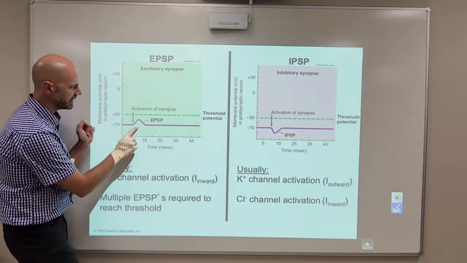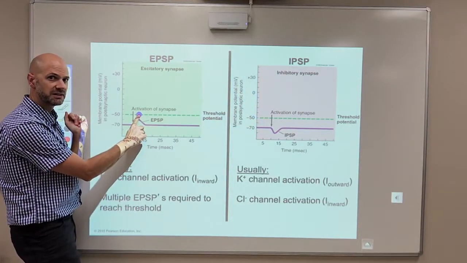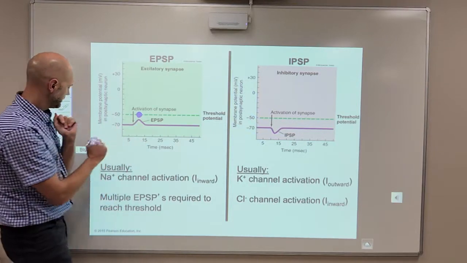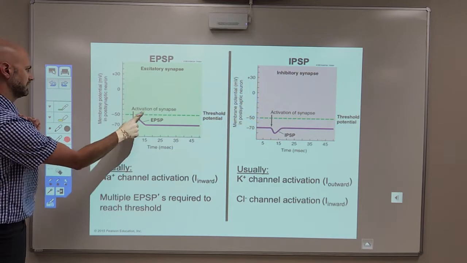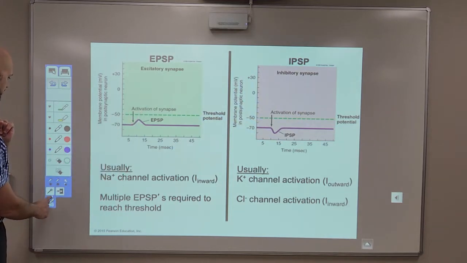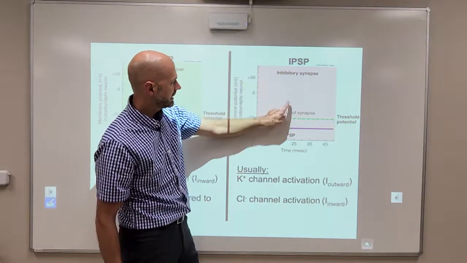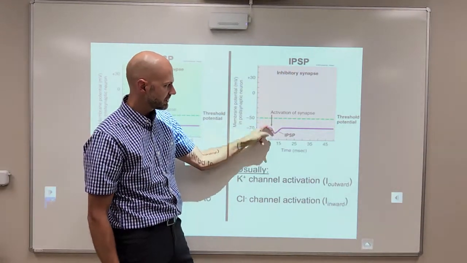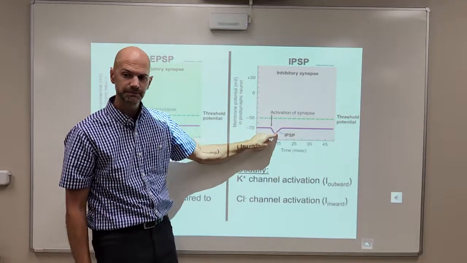Notice for the excitatory, the bump is going up, so we're getting closer to threshold, which is the green dotted line. And over here, for the inhibitory, the bump is going down, so we're actually going further away from threshold. So it's inhibitory.